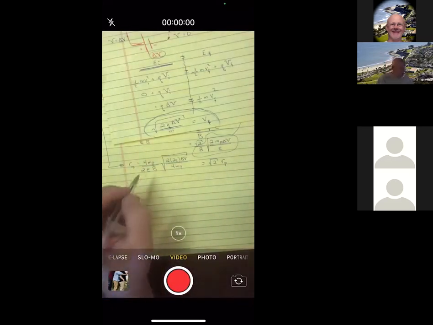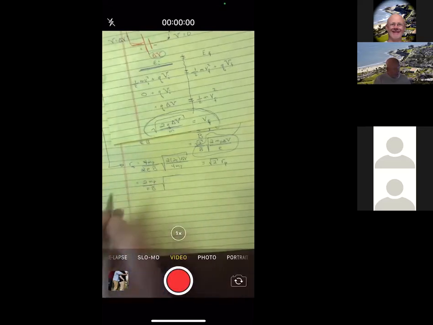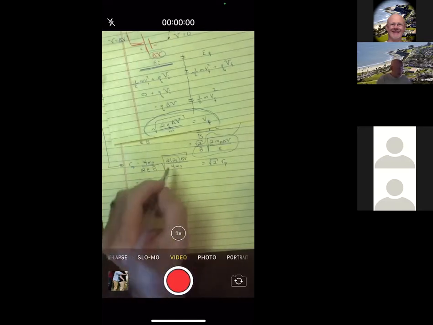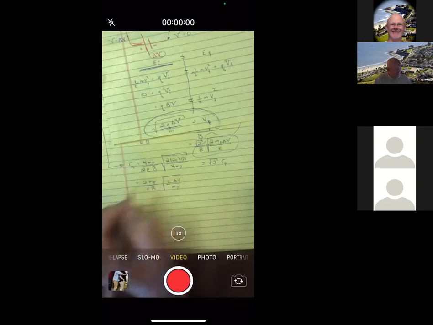Now, if we simplify this just a little bit, the 2 and the 4 leaves a 2 on the outside. And in this square root, the 2 2's on top make a 4, which cancels with that one. So we've got e delta V over the mass of the proton.